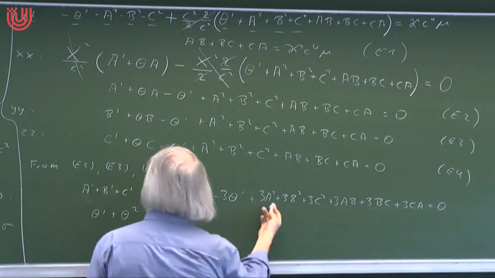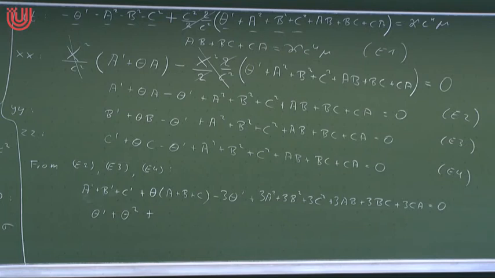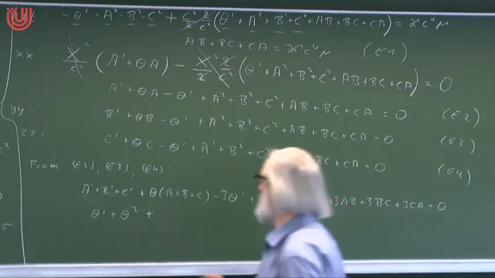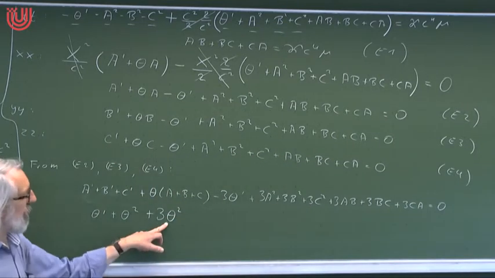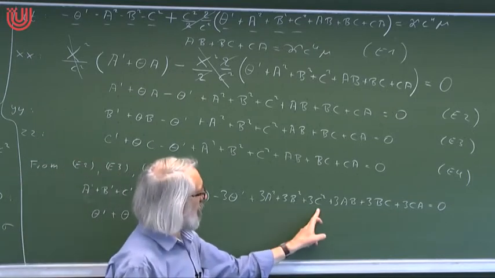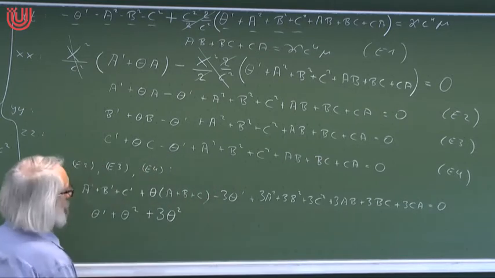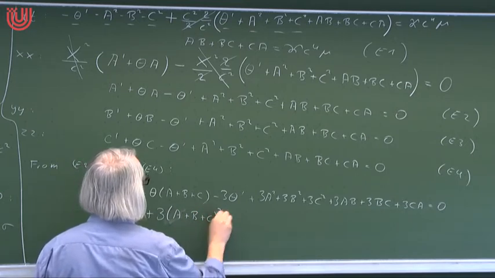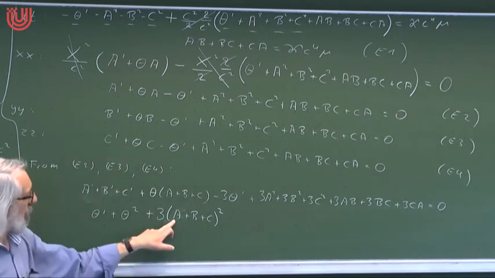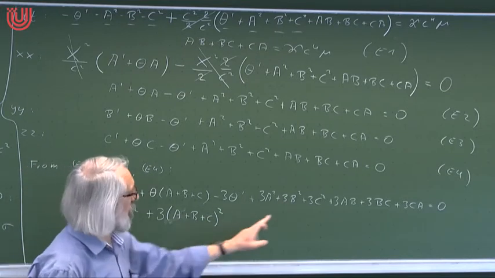And this can be written in the following way. I write this as 3 theta squared minus something. 3 times theta squared gives this plus this plus this, and all these terms 6 times. Let me write it this way: A plus B plus C squared. If I multiply this out, then I get 3a squared, fine, there it is. 3b squared, there it is. 3c squared, there it is.